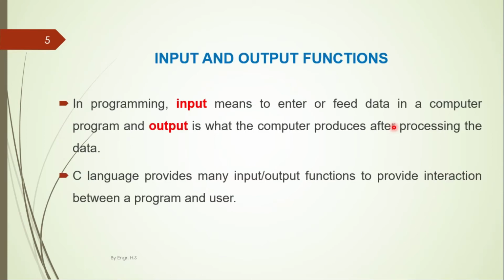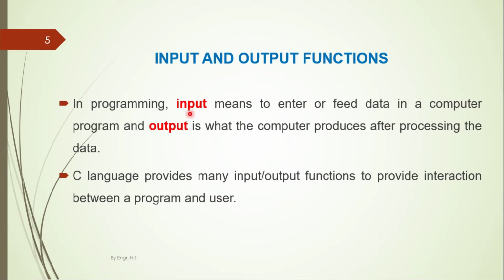Now what are input and output functions? As you already know from your basic classes, input devices are those devices which are used to feed data into the computer, and output devices are those devices which are used to observe that data or to see the output of that data in your computer.